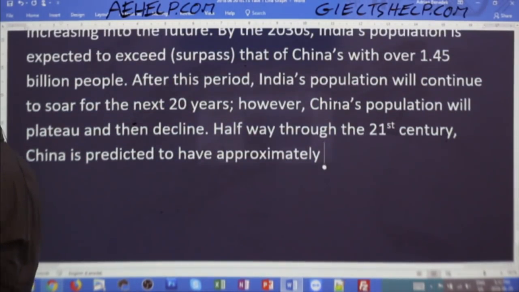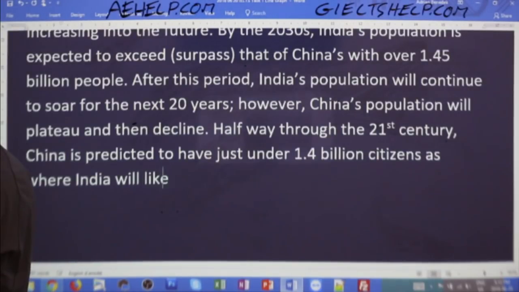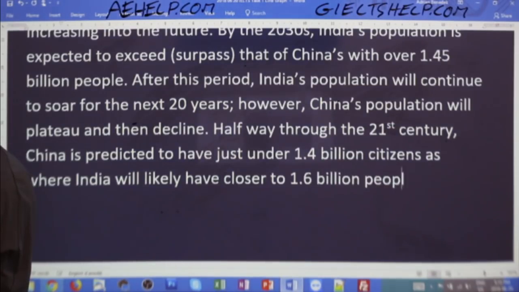So halfway through the 21st century, China is predicted to have just under 1.4 billion citizens, whereas India will likely have closer to 1.6 billion people.